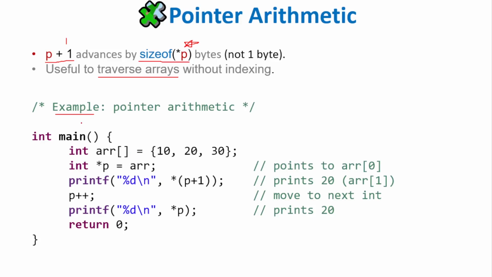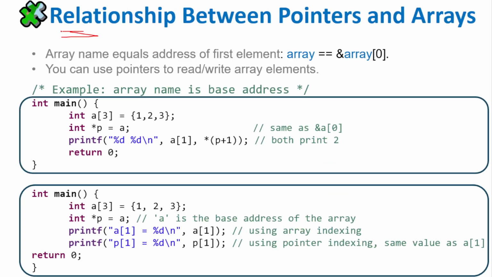Please see the example. Relationship between pointers and arrays. In C, the name of an array represents the address of its first element. That means array is essentially equal to address of array index 0. Because of this, pointers and arrays are deeply connected.